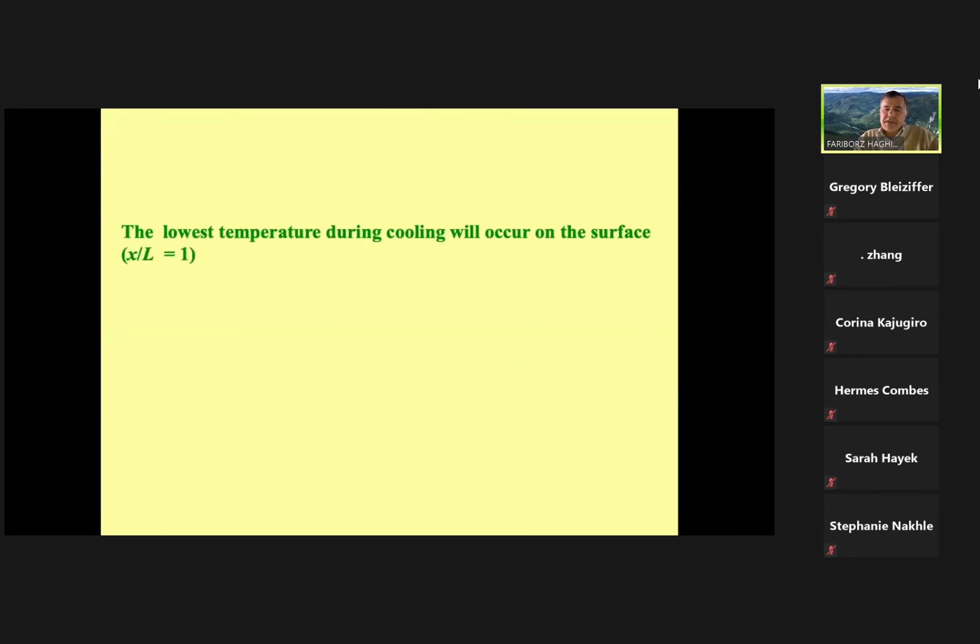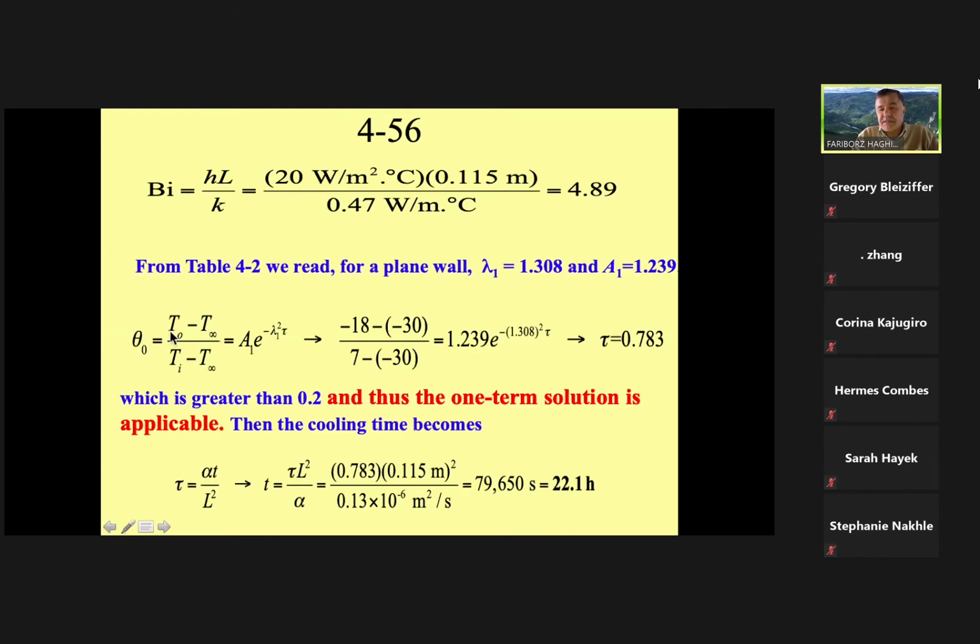Therefore, now we are calculating at the surface. If you remember, X over L is equal to 1 at the surface, okay? Now, if you look at chapter 4, we have an equation that also gives you the temperature at any point, not only at the center, because the equation we used before only gave you the center.